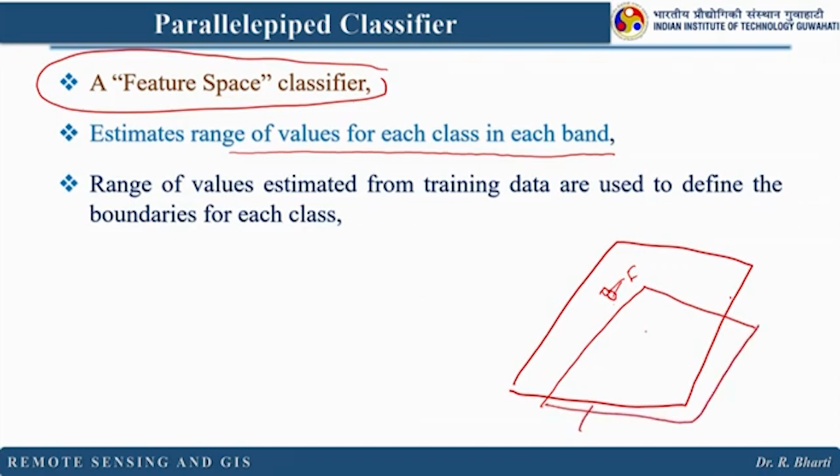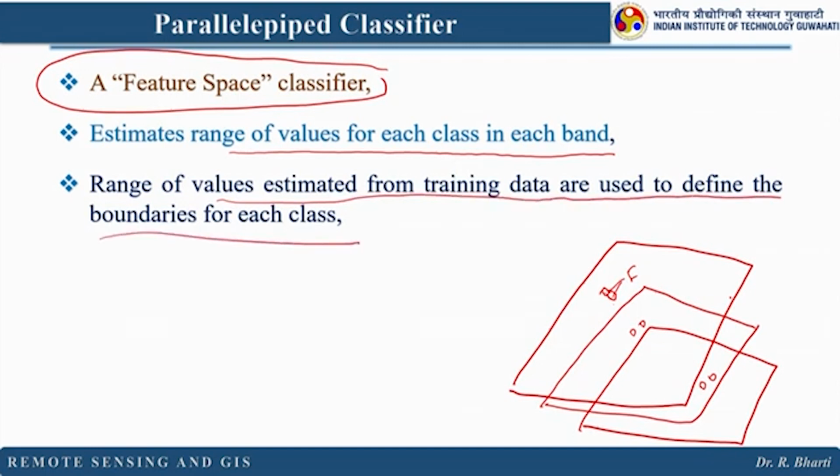Let us assume that we have 3 band input data. The same location will be used and the values will be extracted from these 3 images, right? So the range of values estimated from training data are used to define the boundaries for each class.